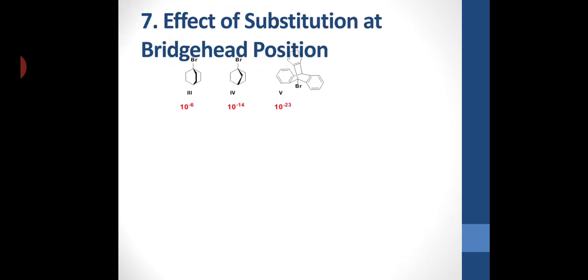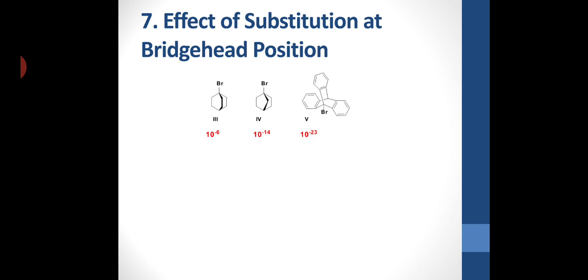But why does the reaction rate decrease as we go from compound 3 to 4 to 5? If we carefully notice, they are also tertiary halides, and the halide is situated at the bridgehead carbon.